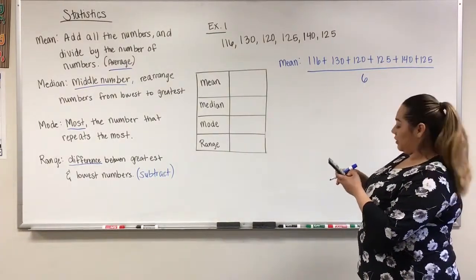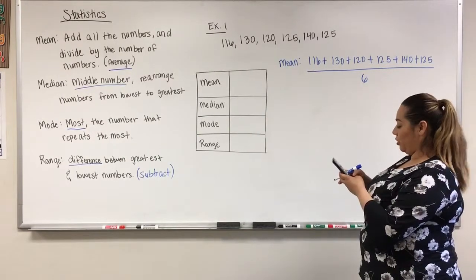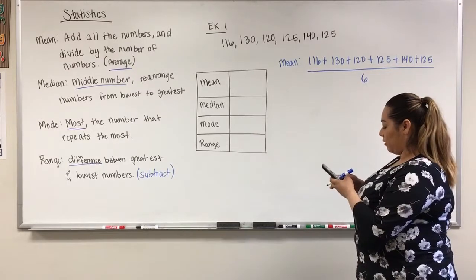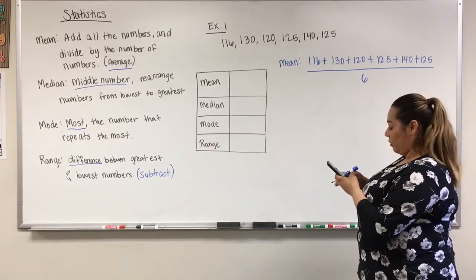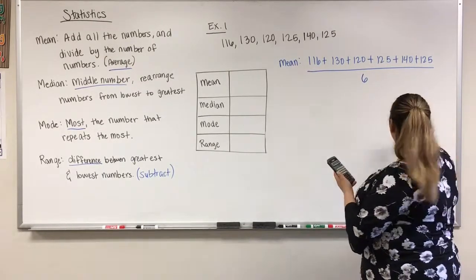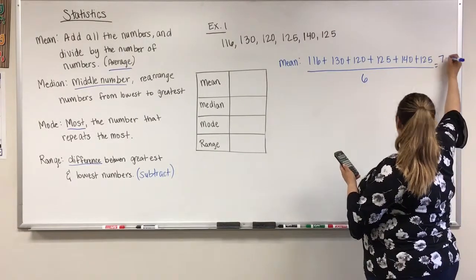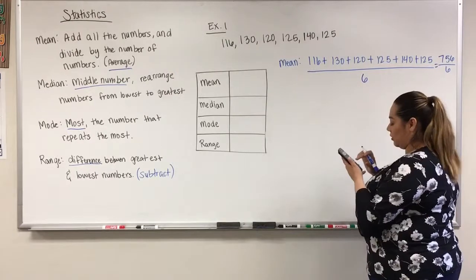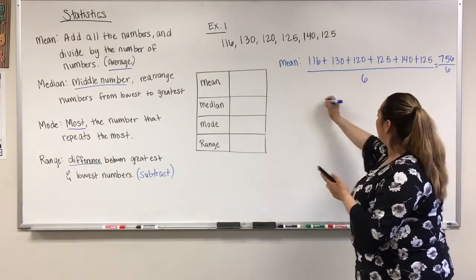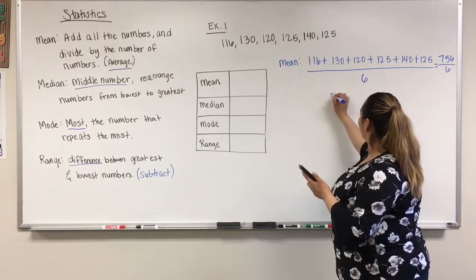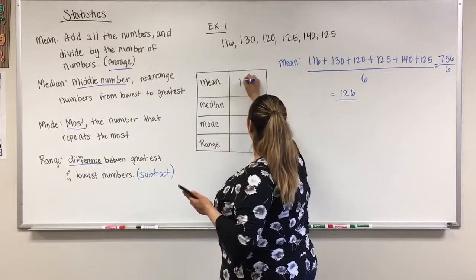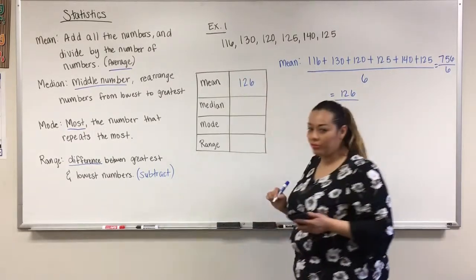We put 116 plus 130 plus 120 plus 125 plus 140 plus 125. It's going to give us 756, divided by 6 is equal to 126. So that is our mean, 126.